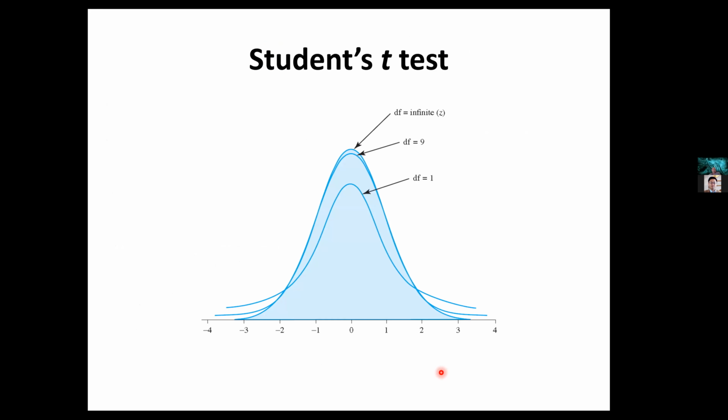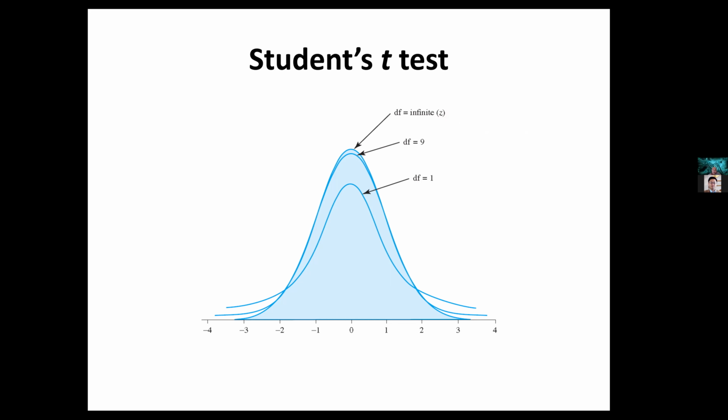This is called the Gaussian graph. Now in this slide here, the df is infinite for z, df is 9, df is 1. Df stands for degrees of freedom, and the z is the normal z distribution.